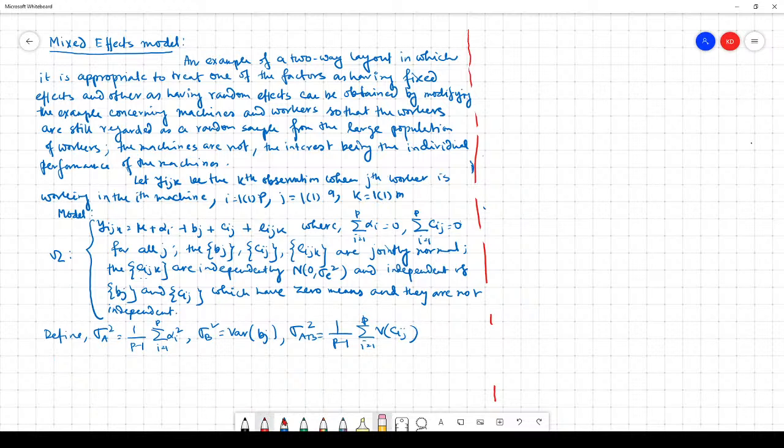Analysis. Here we shall use the sums of squares which are obtained in the two-way fixed effect model.